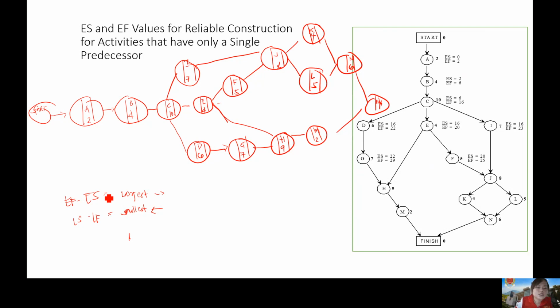Okay? So, let's do it here. First, start. Since it's just the start, it is 0. It starts at 0. As I said, the formula of EF is equal to your ES plus the processing time, which is 2. So, 0 plus 2 is 2.